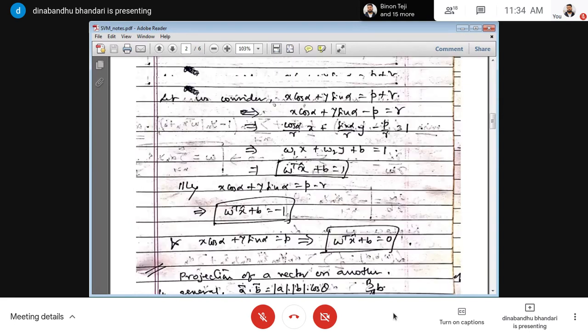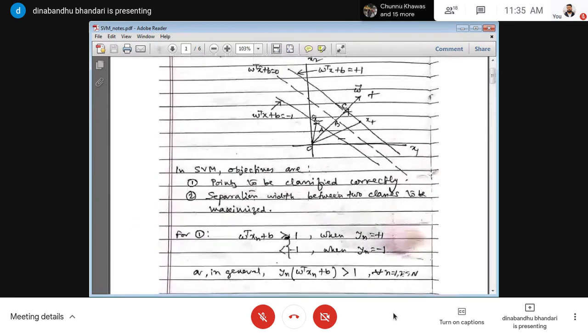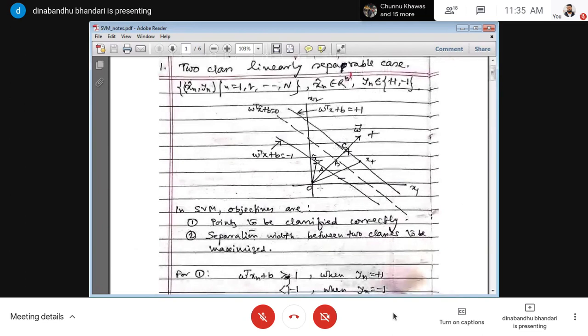Whatever we were saying in my previous drawing here, we can adjust the coefficient of X, that is the weights or the direction ratios, so that the equation of our line, target line, is W transpose X plus B equal to 0, and the equation of the line which is in the boundary of the positive class is W transpose X plus B equal to plus 1, and boundary of the negative class is W transpose X plus B equal to minus 1.